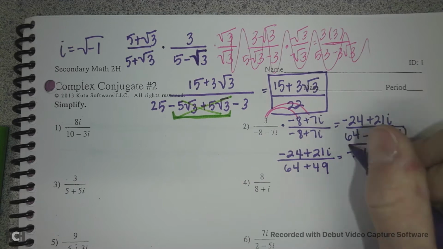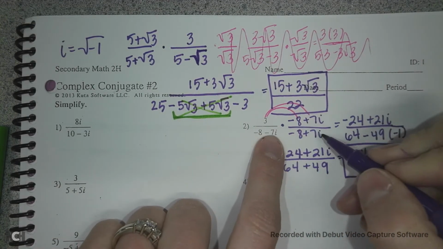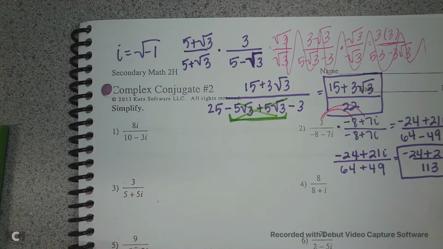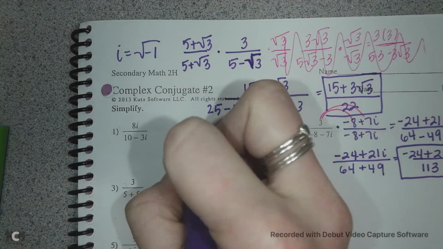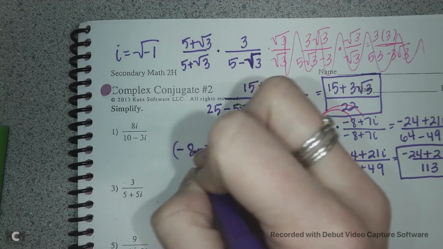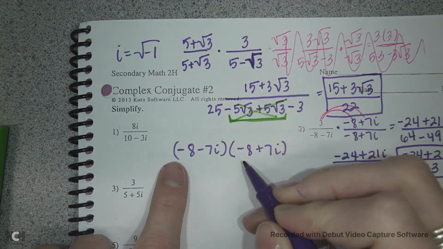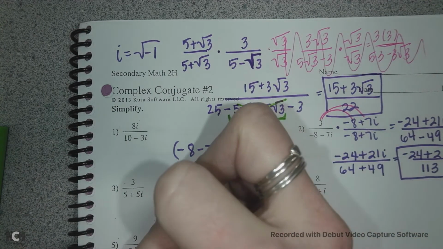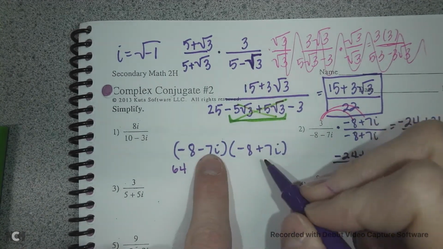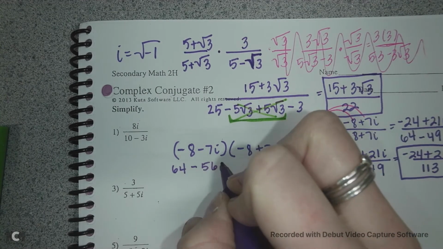Now I'm going to prove to you that this is the correct answer, and I'm going to expand this part so that you can see it. So if I multiplied negative 8 minus 7i times negative 8 plus 7i, I would have negative 8 times negative 8 is 64. Negative 8 times 7i is negative 56i.